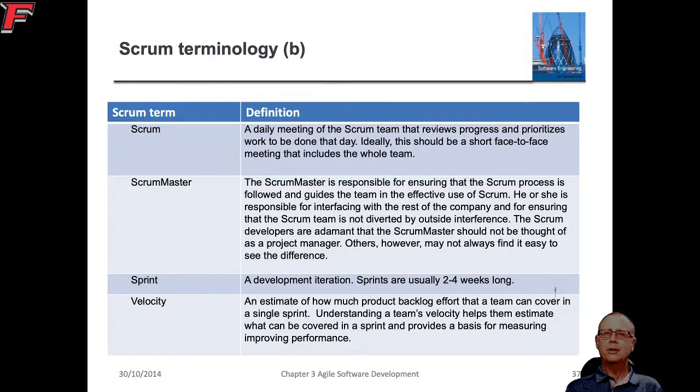And then the velocity of the team is how much effort the team gets done within each sprint. That's done by looking at the number of user stories that are done. Sometimes those user stories have points associated with them, looking at the number of story points done per sprint.